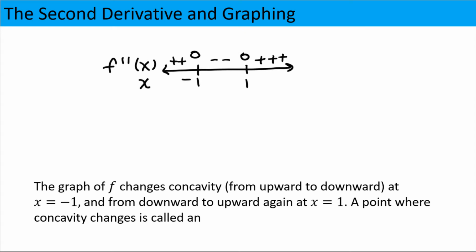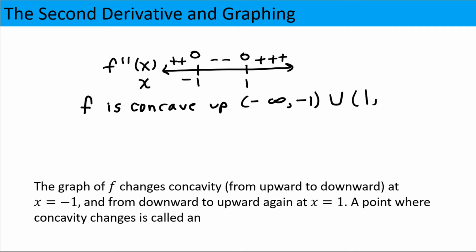So by looking at the sign chart, we see that the function f is concave up where the second derivative is positive, and that happens from negative infinity to negative 1, union, that's a union symbol, from 1 to positive infinity.